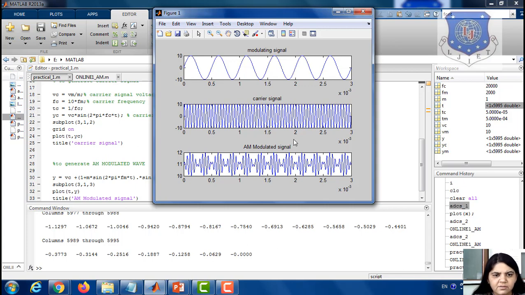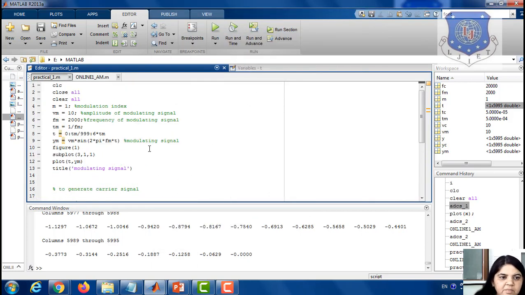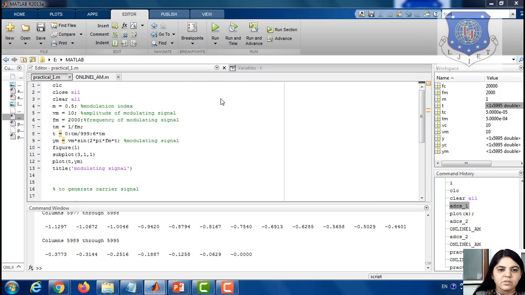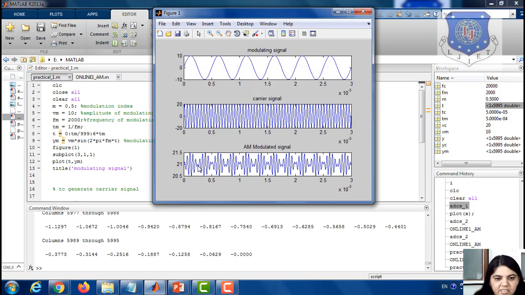Now this is the waveform for small m equal to 1. Now if you want to see small m equal to 0.5, that is less than 1, then by using small m equal to 0.5, you can see that this is the waveform for small m equal to 0.5.